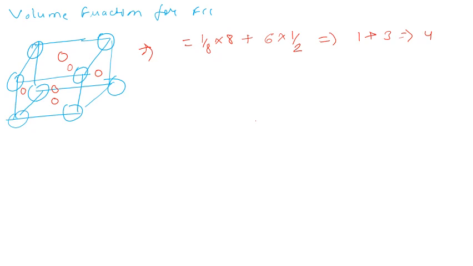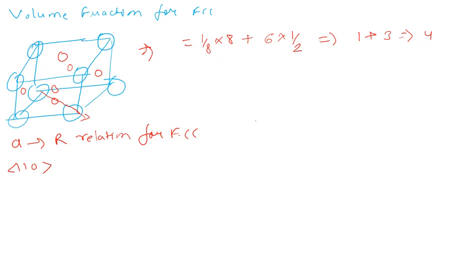Now let us see the a to r relationship for FCC. In case of FCC, the 110 direction is the close packed direction. Let me draw with the red line. So this is our 110 direction.